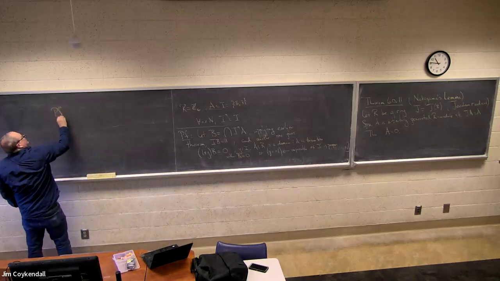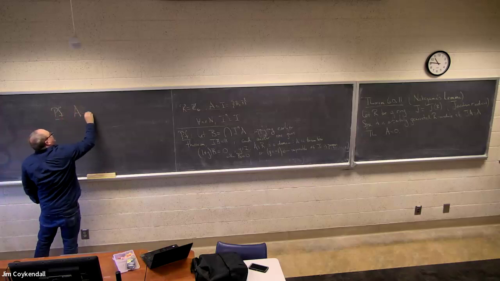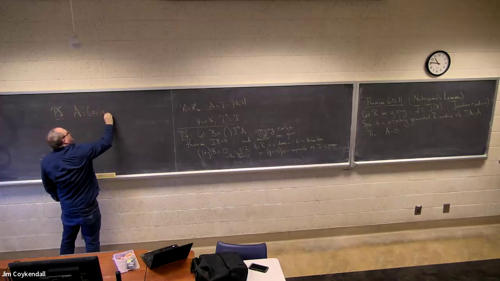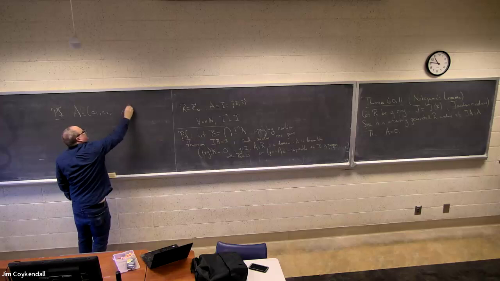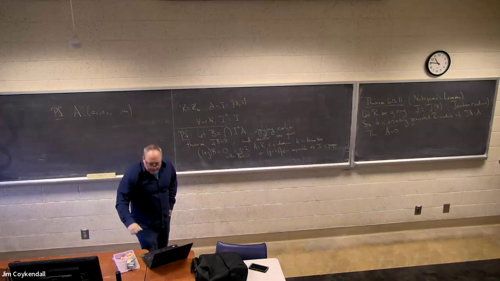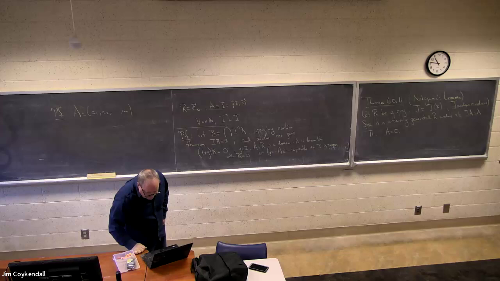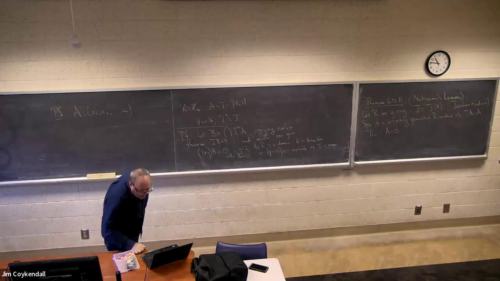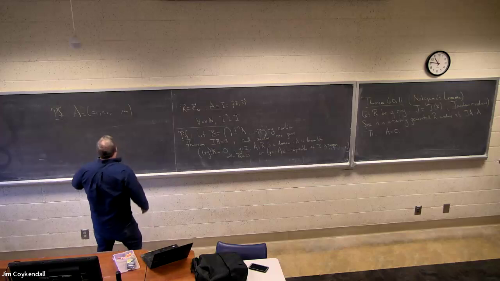Suppose A is generated by A1, A2, through An. So it's finitely generated. And suppose that n is minimal.